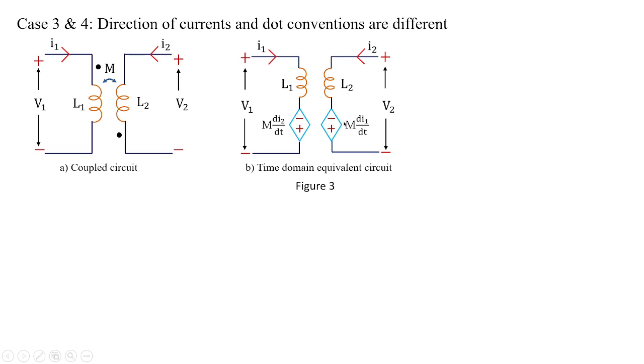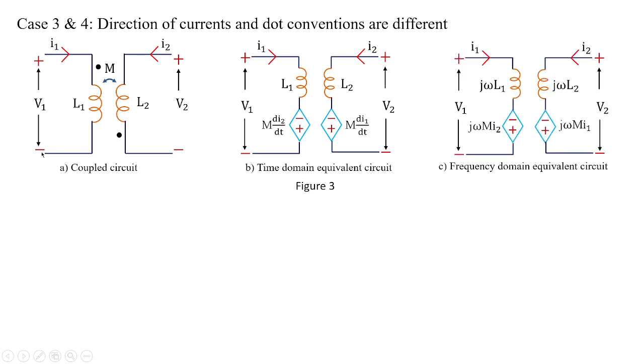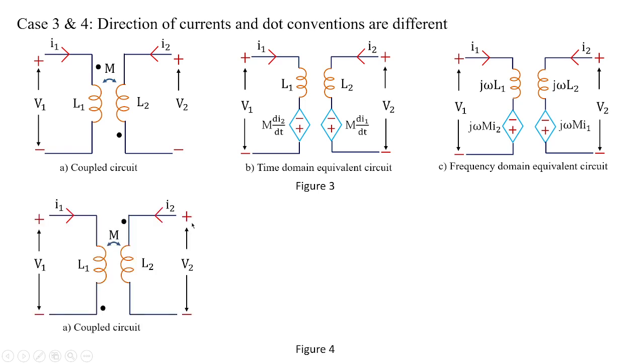So therefore here also we get a mutual value which is quite different from the primary case, that is di1 by dt. Once we are done with the time domain equivalent circuit, it is easy for us to obtain the frequency domain equivalent circuit. Mind you, the condition for the mutually developed voltage in both conditions is one and the same.